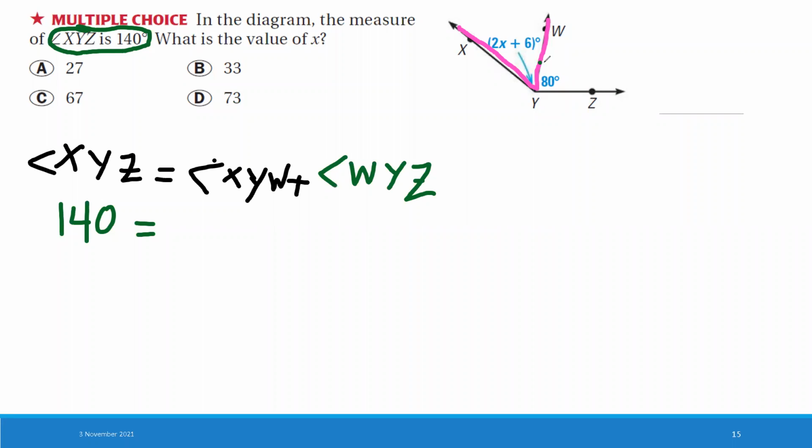From the question, it's 80. Plus what? The angle XYW. And the measure of the angle XYW, I don't know it. Thank you, Yasmin.